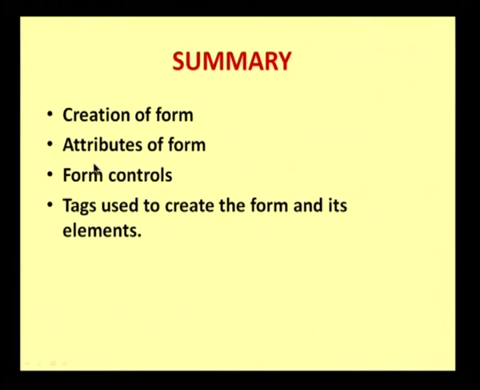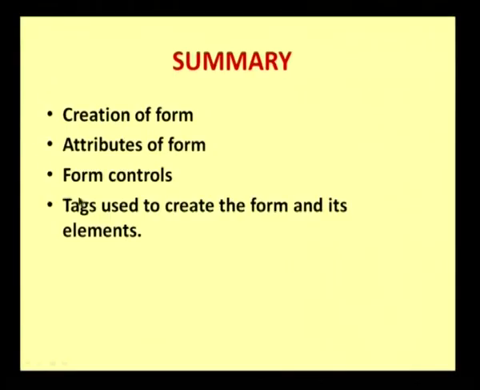So, using input tag, the form controls are check boxes, radio buttons, text boxes, scroll list and reset and submit buttons. The elements and controls are the same, so we can say form elements or form controls.